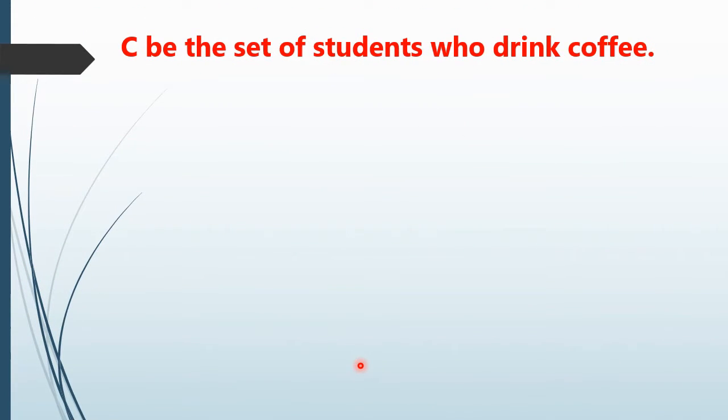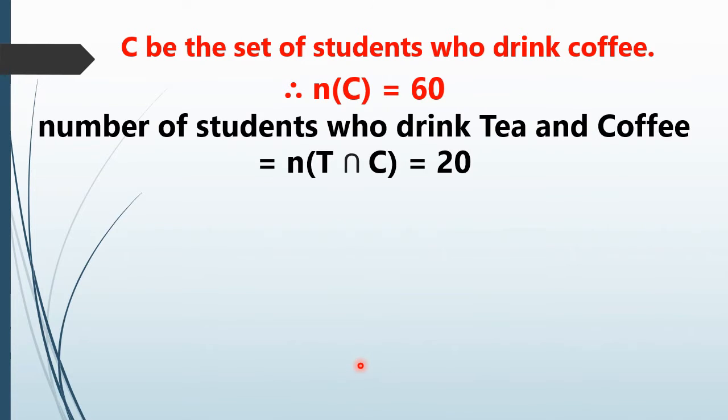C be the set of students who drink coffee. So number of element in set C is equal to 60. Number of students who drink tea and coffee is equal to number of element in T intersection C is equal to 20.